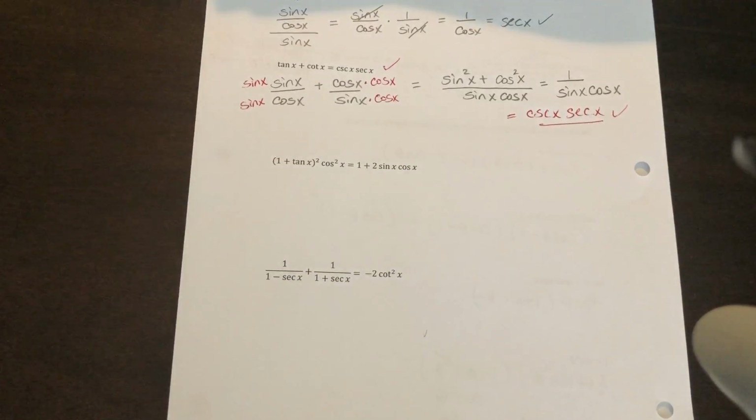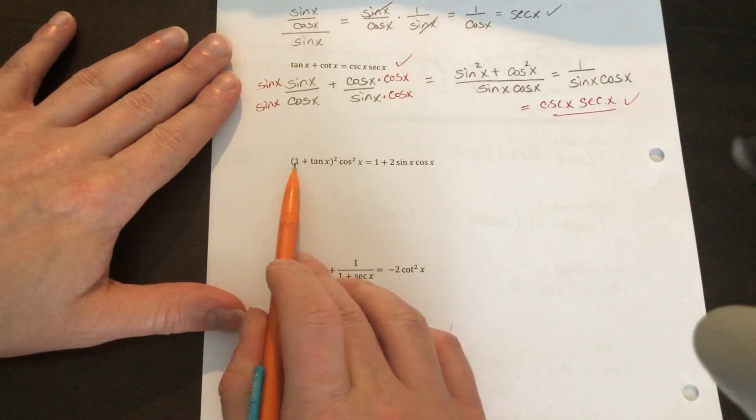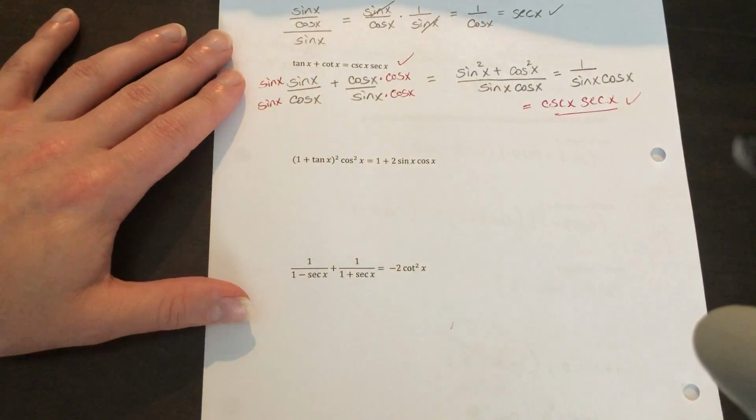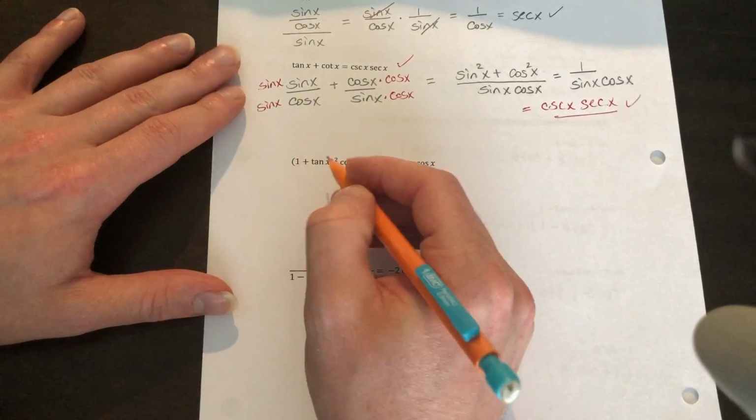So we got 1 plus tangent of x quantity squared times cosine squared is equal to 1 plus 2 sine of x cosine of x. Now, I don't see a 1 plus a tangent squared immediately. Anytime it's quantity squared, you're going to have to FOIL it out first. Okay? So I'm going to FOIL this out mentally.